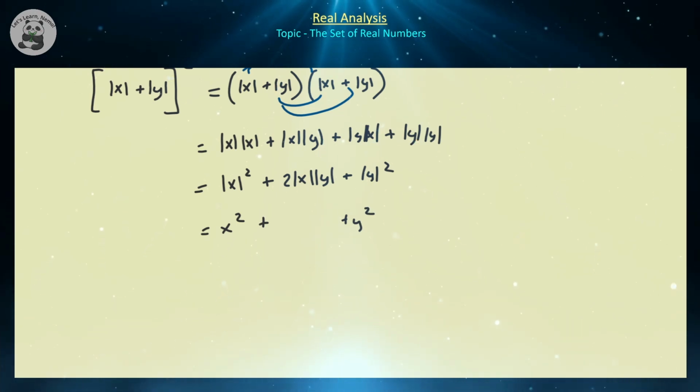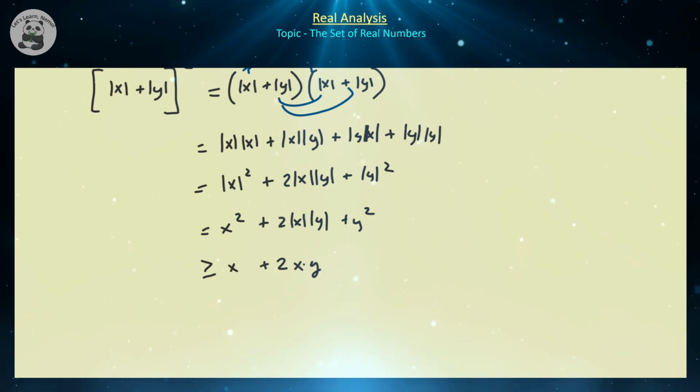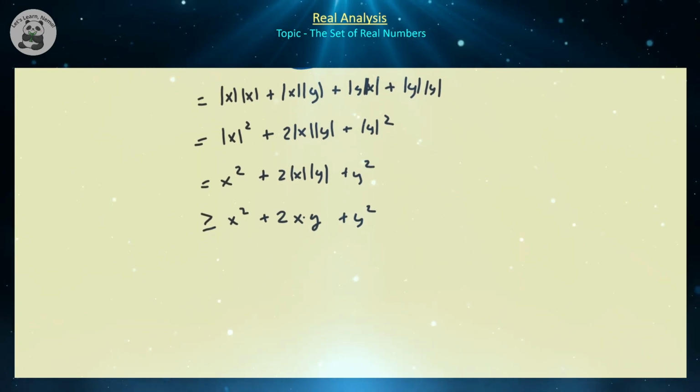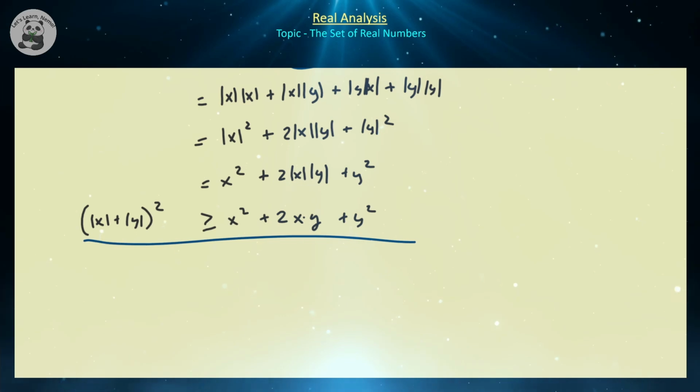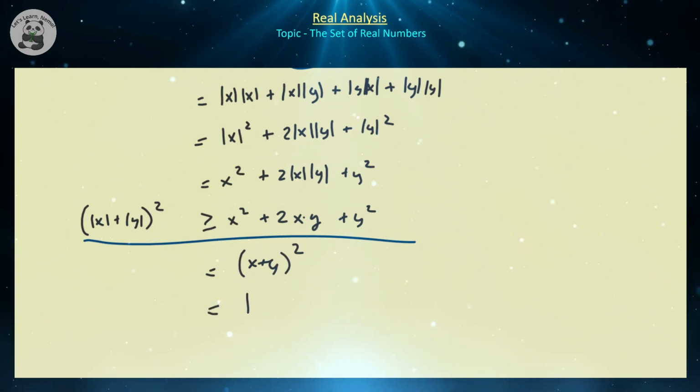Now, what is this little 2 absolute value of x, absolute value of y, and what exactly are we going to do with it? So we know that the absolute value of x is greater than or equal to x, and we know that the absolute value of y is always greater than or equal to y. So the product is always also going to satisfy that property. And if you want to have a formal proof of that, it's actually not quite hard. So what we have here is that the absolute value of x plus the absolute value of y, squared, is greater than or equal to x squared plus 2xy plus y squared, which we know is equal to x plus y, the quantity squared, which we also know is equal to the absolute value of x plus y, the quantity squared.